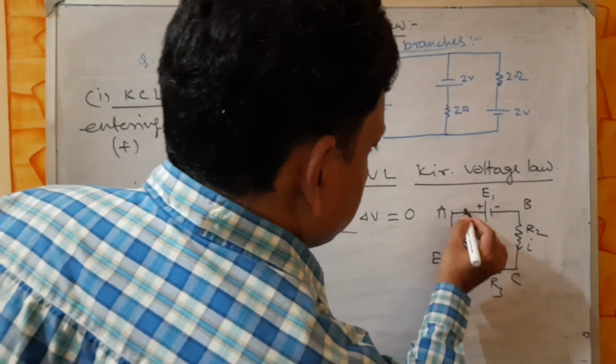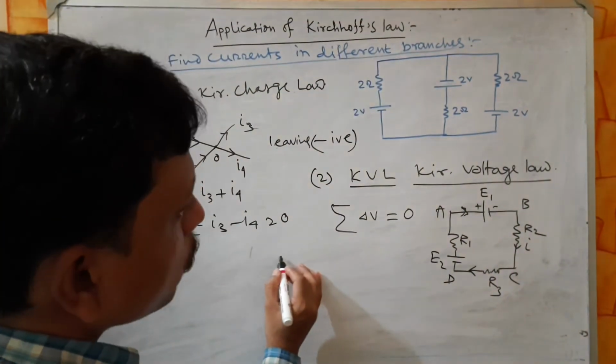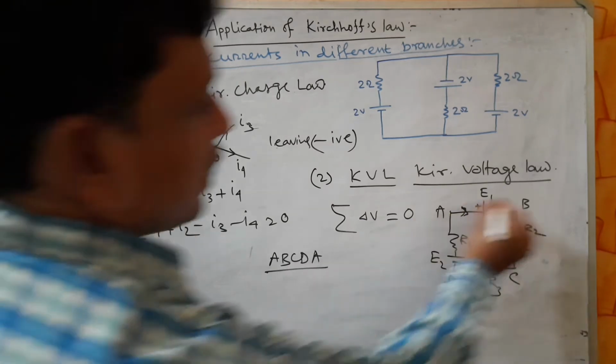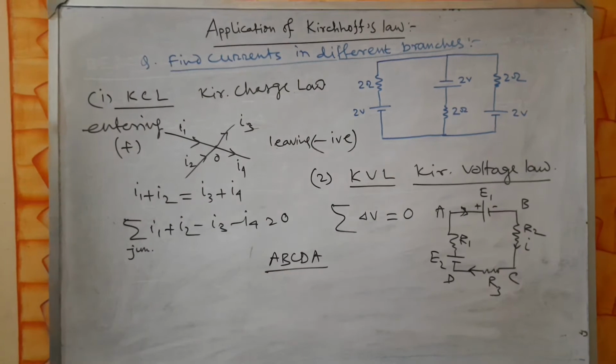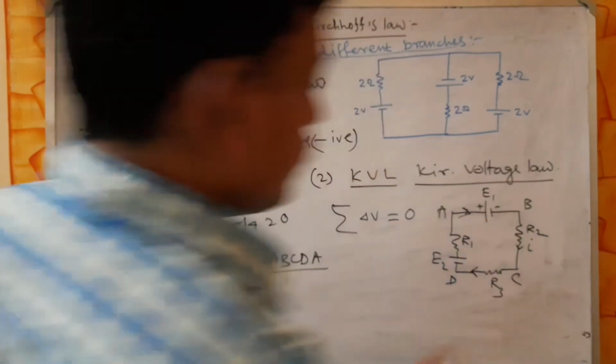The closed loop ABCDA has the current direction through E1 from plus to minus.